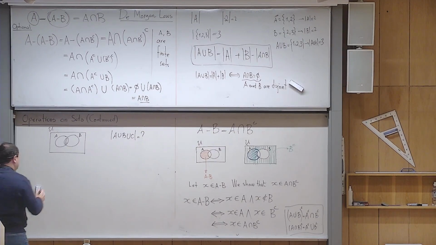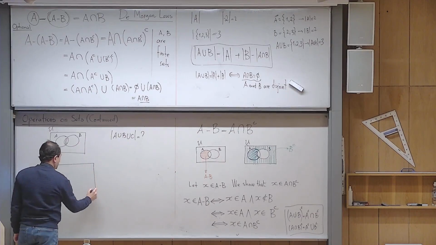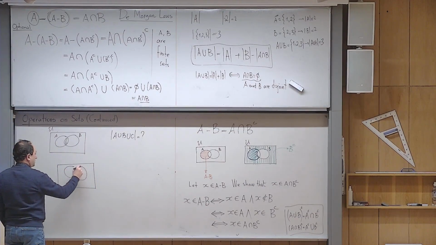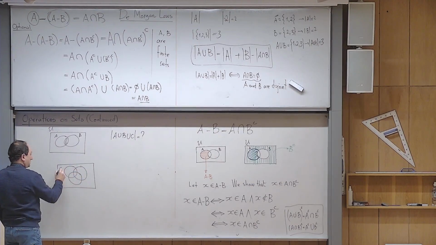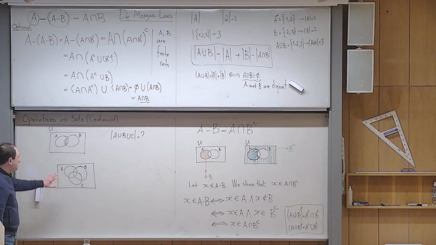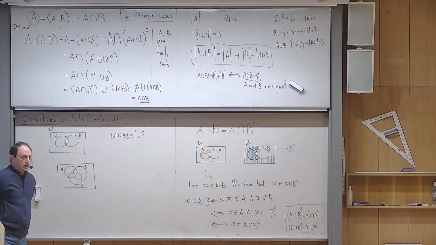I think you agree with me that the answer to this question becomes a little bit harder, and even imagining it from the Venn diagram point of view. So if I have three sets, in general, three sets might look like this. Yes? So I want to find a formula for that.